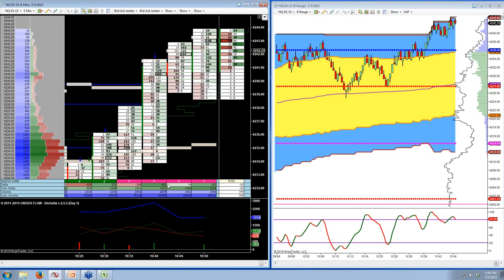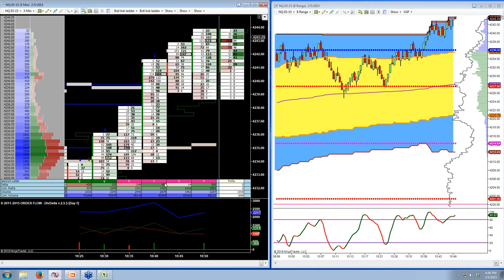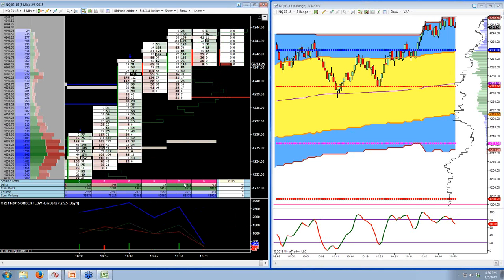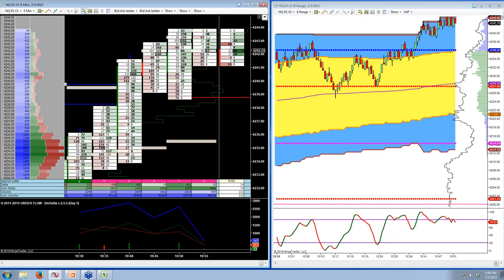The delta here is the same. If you see a really high number, and then it follows up with a really low number, a lot of times it will start to consolidate, or slow down, before it starts back up in that same direction.